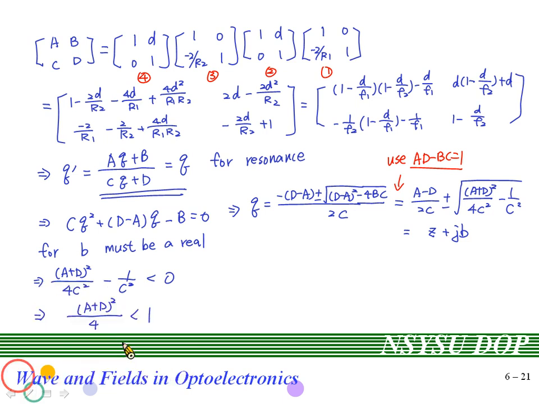Then we can obtain the conditions for the Fabry-Perot resonator formed by two curved mirrors.